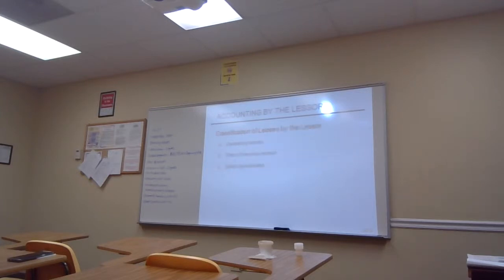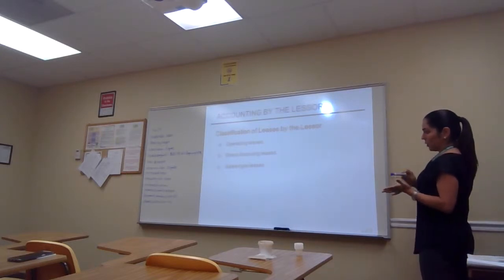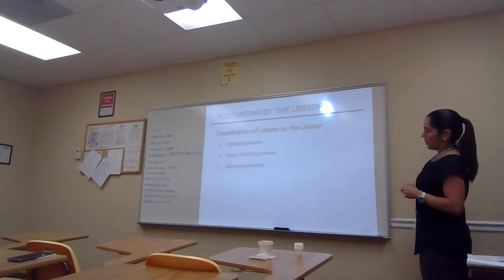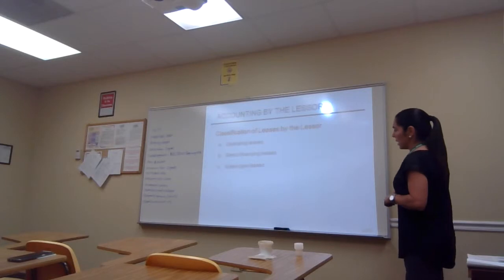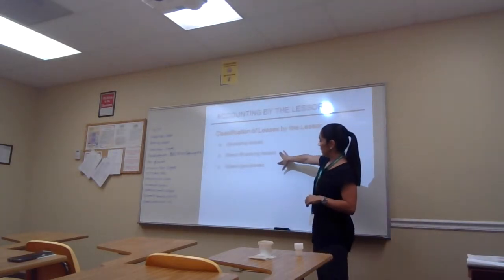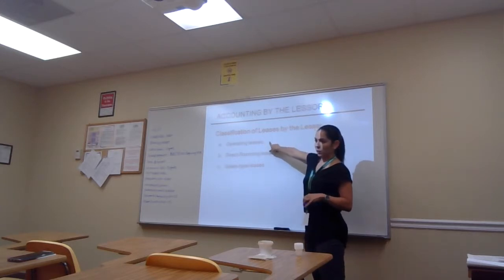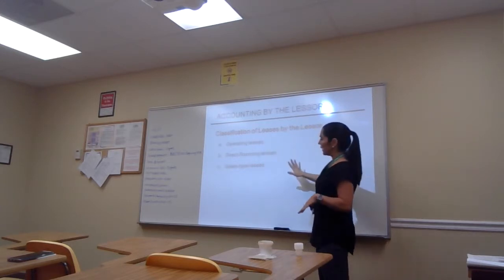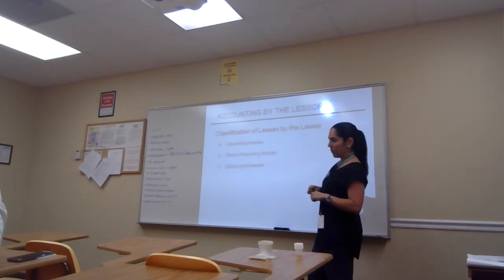So these are the three types of classifications by lessor. If you recall, on the lessee side, we had capital and operating. Here we have three: operating, direct financing leases, and sales type leases. These two are going to be one of the two categories. If it's neither of these two, it automatically reverts to operating leases. Just like on the lessee side, where if it's not a capital lease, it automatically becomes an operating lease.